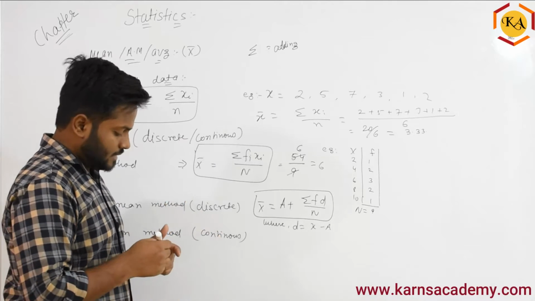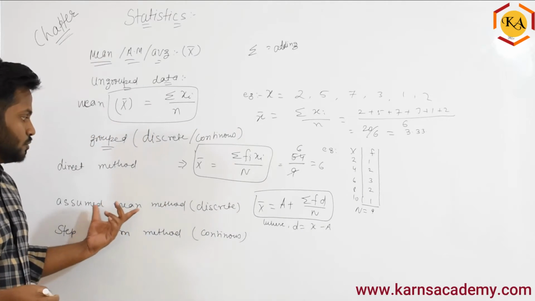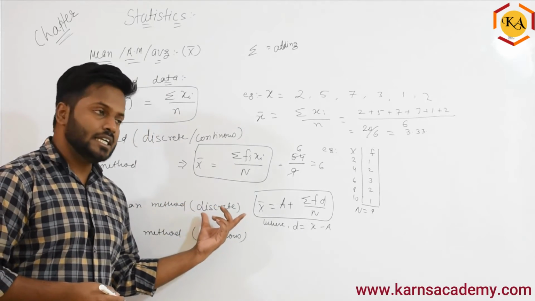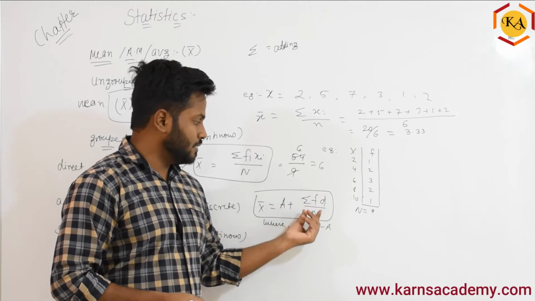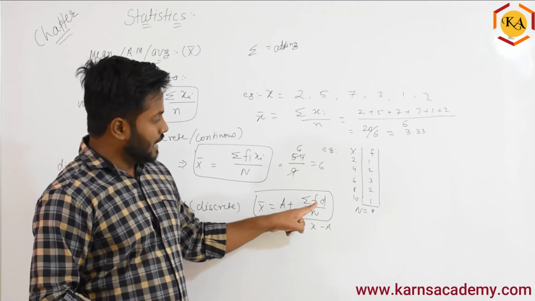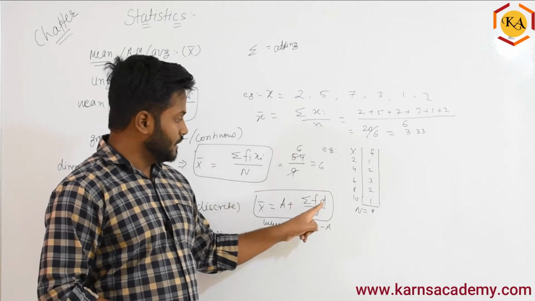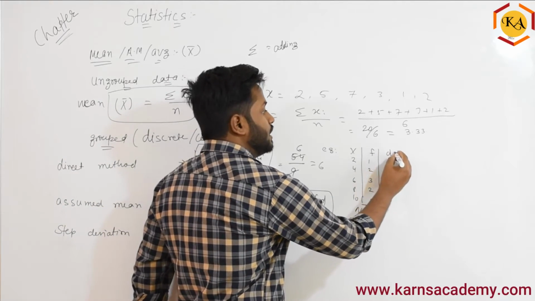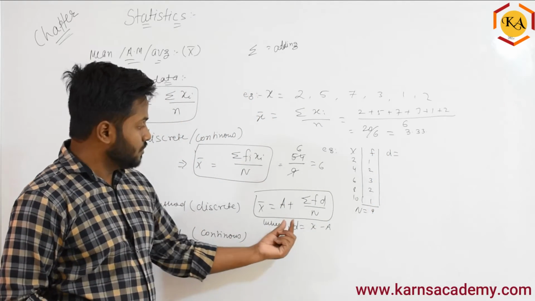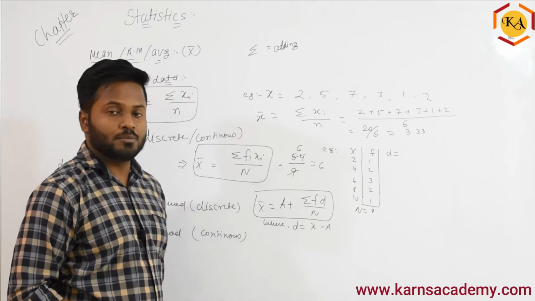So here what it is telling is, since it is the assumed mean method come for the discrete data, and we have a formula x bar equal to a plus summation fd by n. First thing, we have f over here, we don't have d, so let's find out the d. To find d, we have to do x minus a.